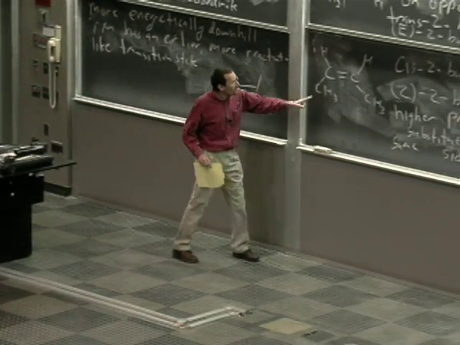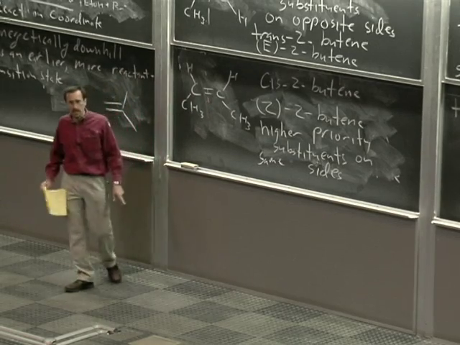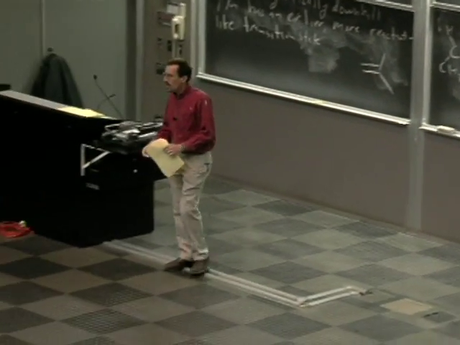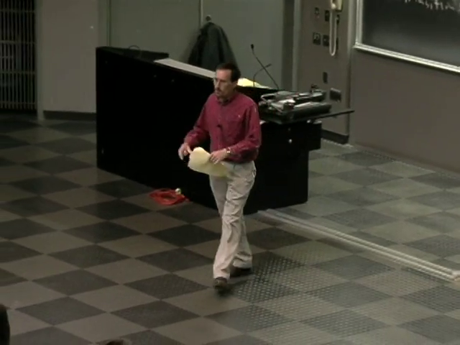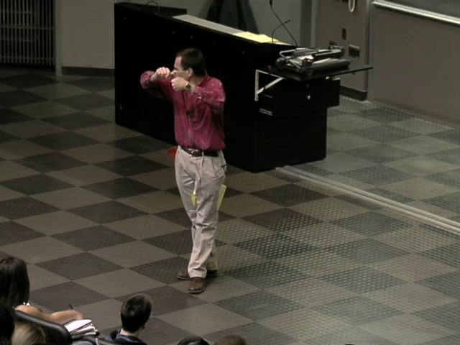Now, the big difference between carbon-carbon double bonds and carbon-carbon single bonds is that carbon-carbon double bonds are locked. You can't rotate about the carbon-carbon double bond. The pi bond involves two overlapping p orbitals. If you wanted to rotate about that central carbon-carbon double bond, you would have to remove the overlap between the p orbitals.